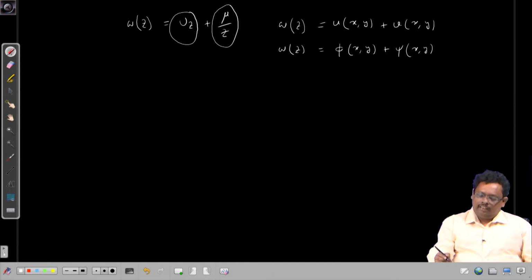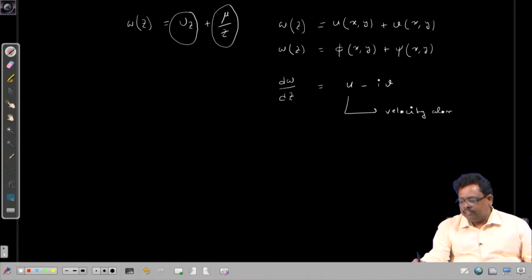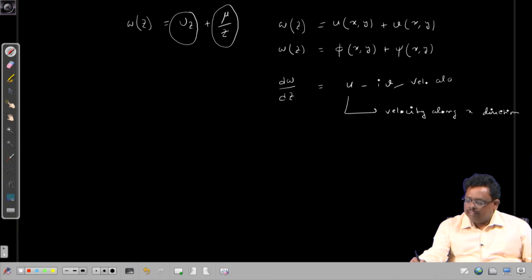Not only that, if you differentiate with respect to z, dW/dz becomes u minus i v, where u is the velocity along the x direction, and v is nothing but the velocity along the y direction.